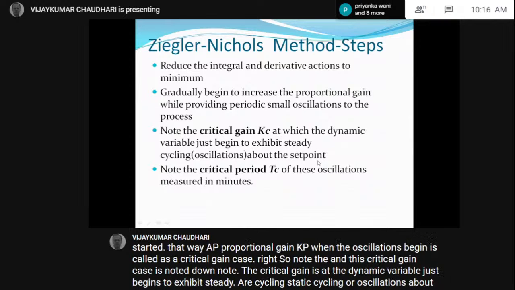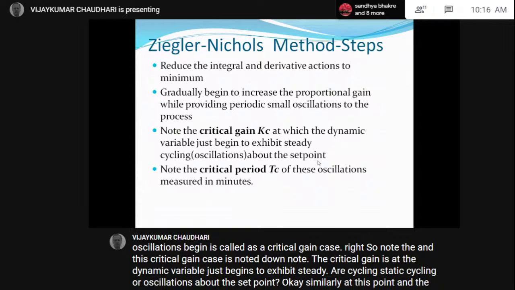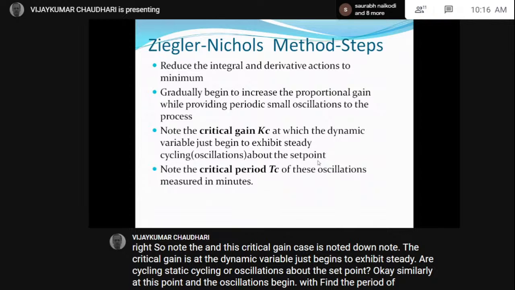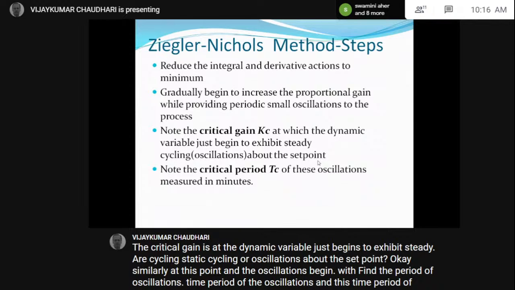Similarly, at this point, find the time period of the oscillations, and this time period corresponding to the critical gain is called the critical period Tc.